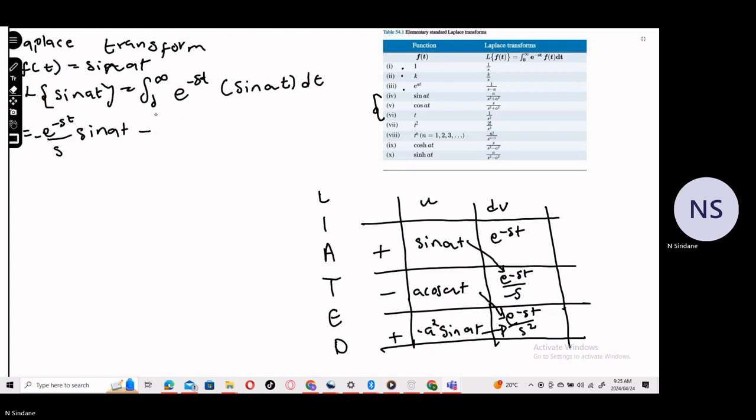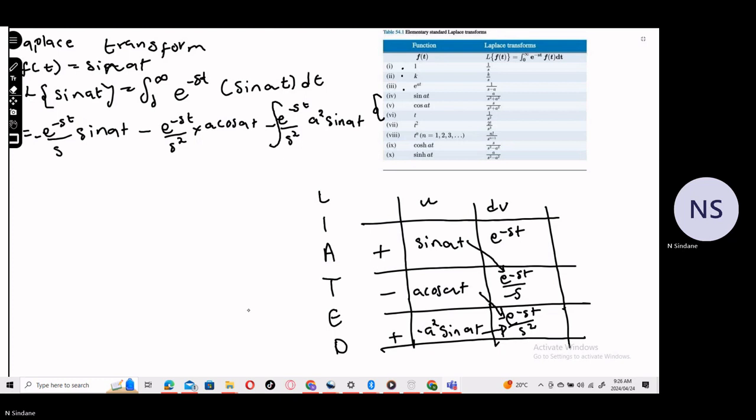This will be e to the power negative st over s squared multiplied by a cos of at. Lastly, we will have negative e to the power negative st over s squared, then a squared sine of at, right?